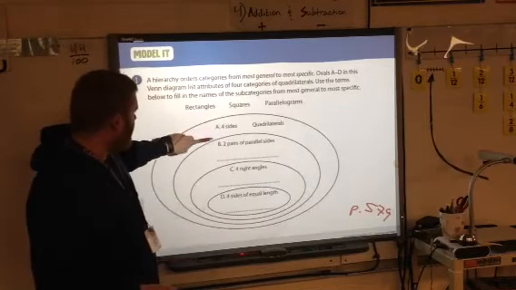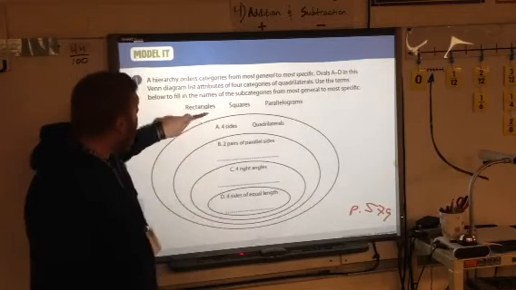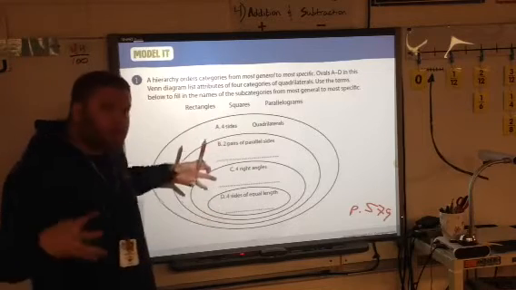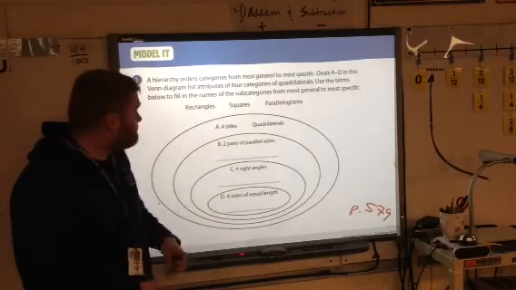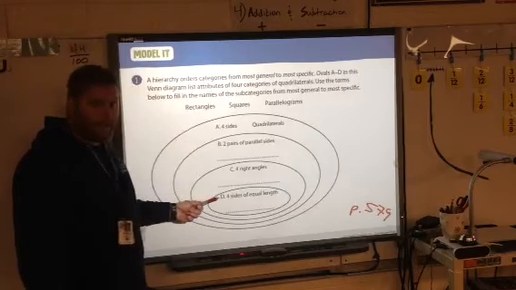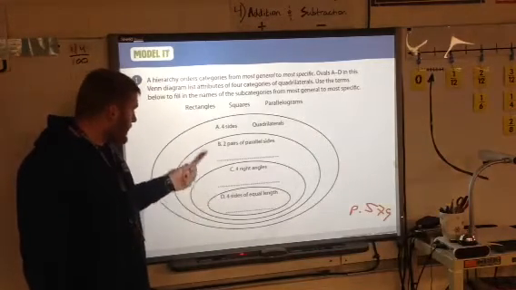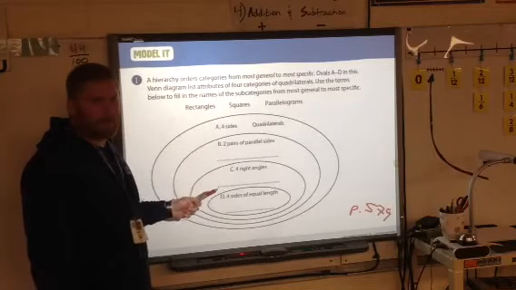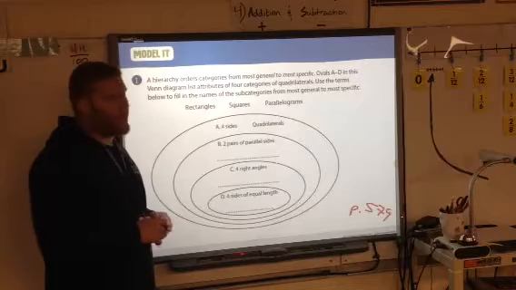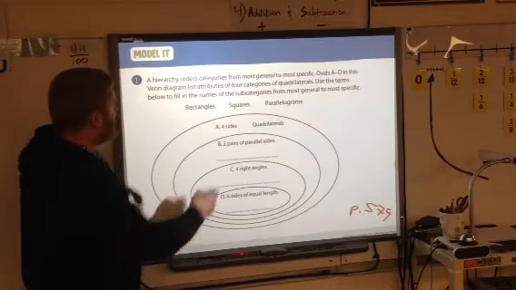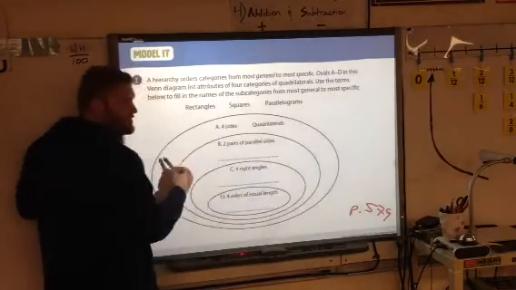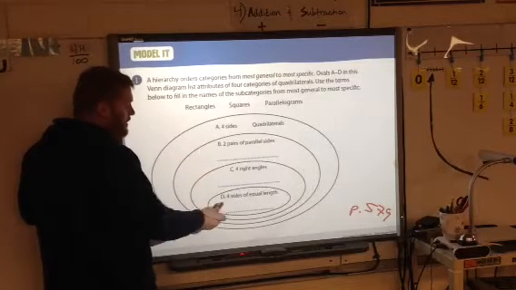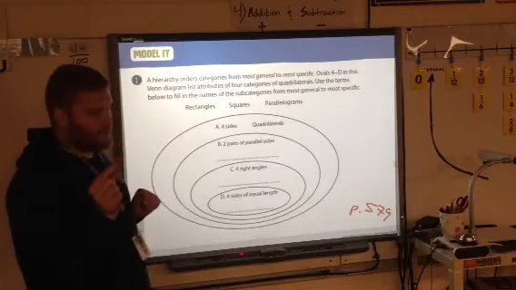A is the most general, and D is the most specific. As we work from A to D, we're getting more specific, and D has all of the attributes of A, B, C, plus one more. That's how a Venn diagram works: we go from the biggest circle, which encompasses all of the various quadrilaterals we'll be describing, to D, the most specific.